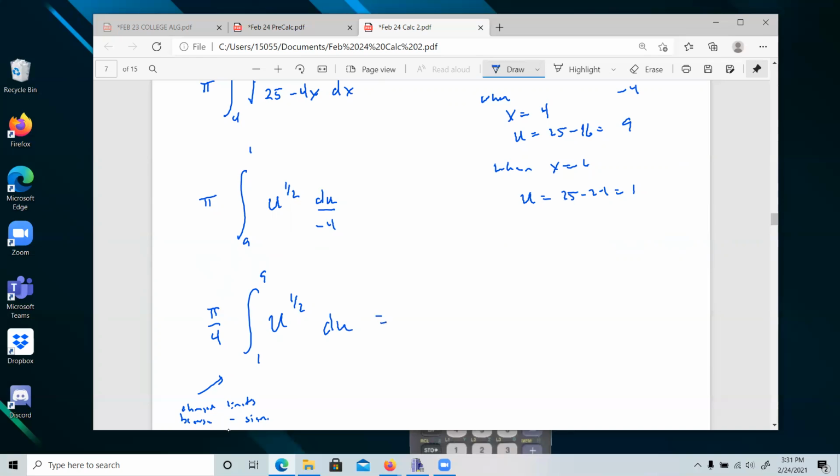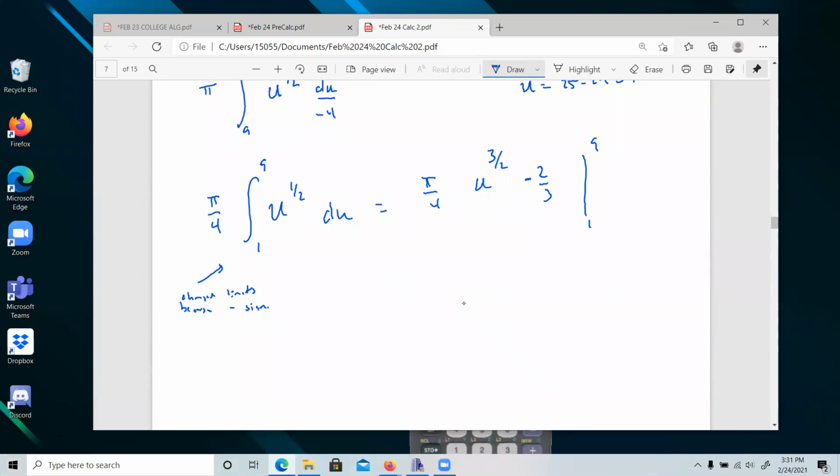It's a Calc 1 problem now, isn't it? And this is going to be u to the 3/2, we have a 2/3 from 1 to 9. Okay. So we have 2/3 times all of this, right? So that's going to be pi over 6, right? Because that 2/3 is that.